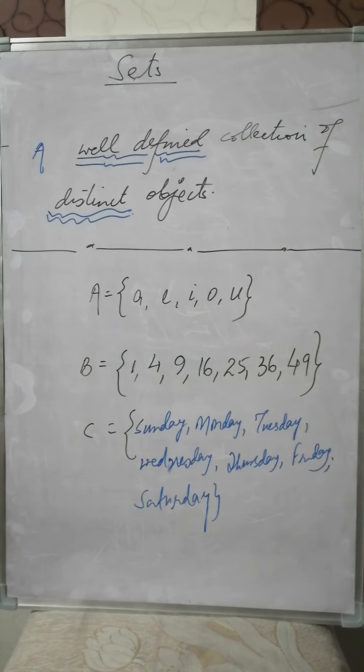As all of us can make out, all these collections follow certain standard instructions. If you talk about the first example, that is set A, this collection is representing the vowels of English alphabets.